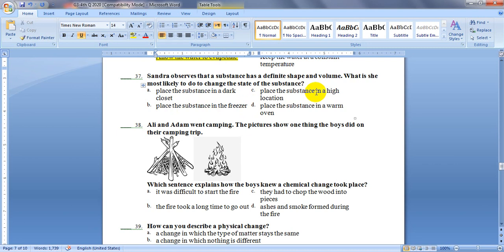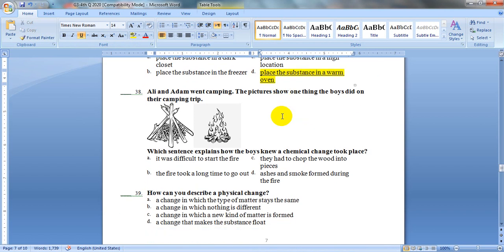Place the substance in a high location, or place the substance in a warm oven. It will be letter D, because as we said, the substance which has definite shape and volume is a solid. So when you put it inside the oven, it will melt or change into a liquid. So you will make a change in the state.